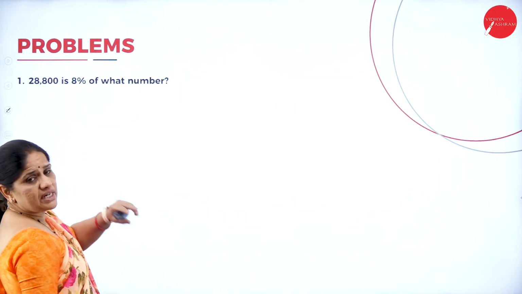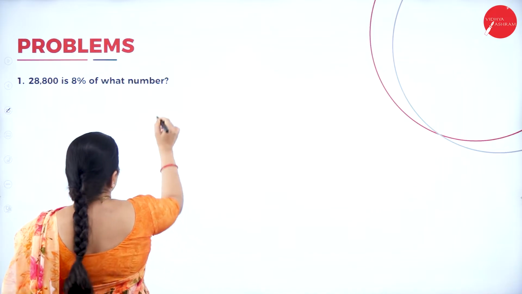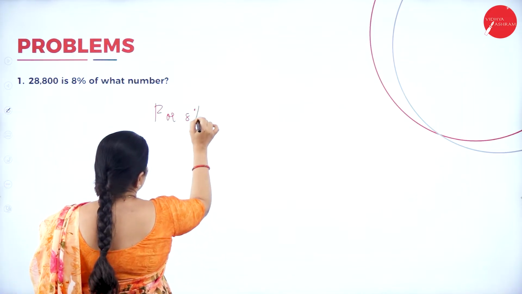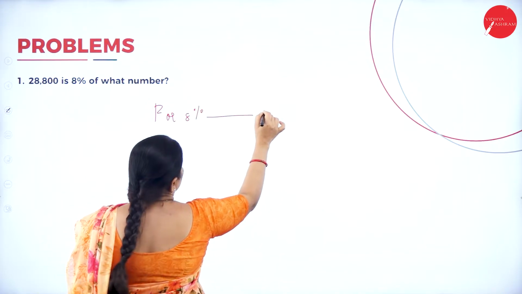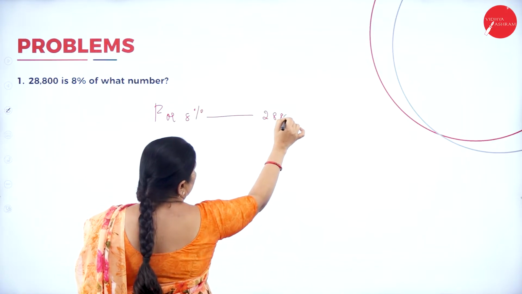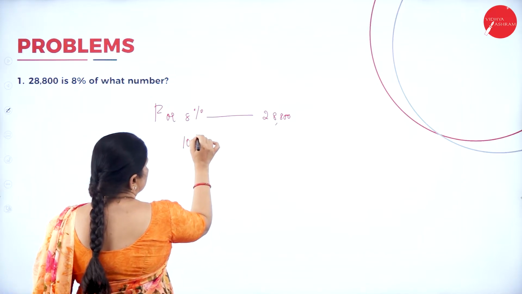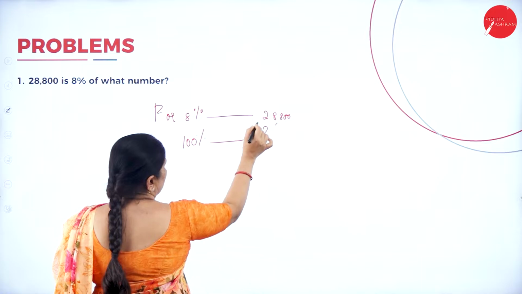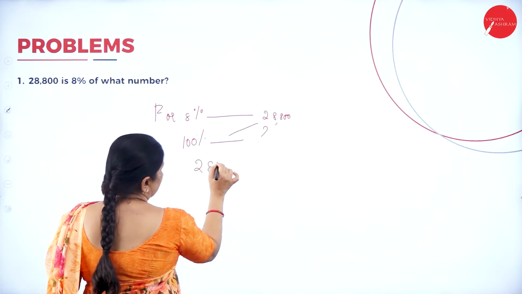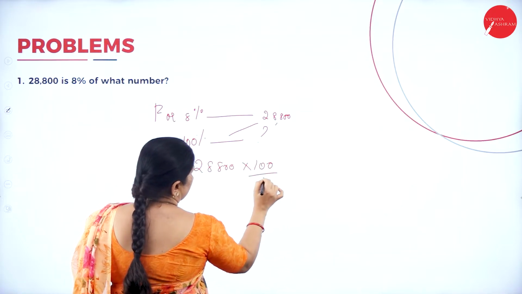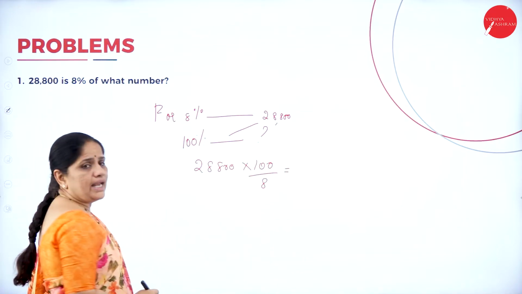28,800 is 8% of what number? So, you should write for 8%, the number is 28,800. For 100%, how much? So, 28,800 into 100 divided by 8.